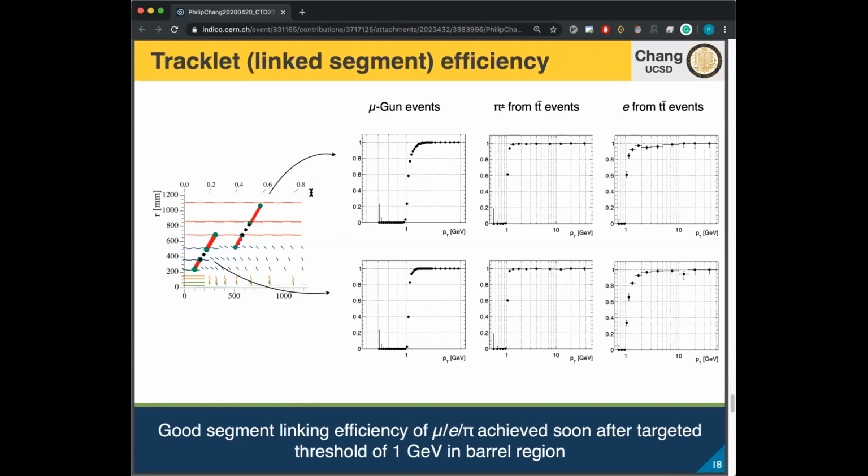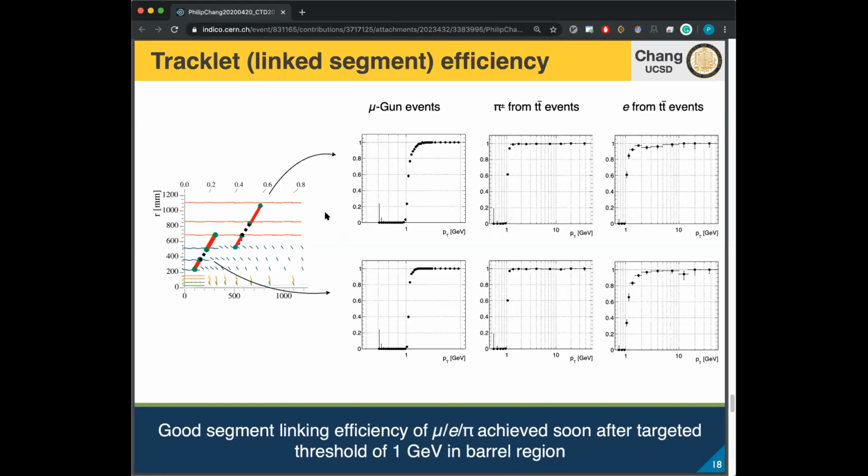Slide 18 shows the efficiency of such a linked segment. I'm showing specifically the case here on the left, where layers 1, 2, 3, and 4 versus layers 2, 3, 4, 5, and 6 are shown for the muon events, the pions from the TT bar events at pileup 200, and the electrons from the TT bar events.